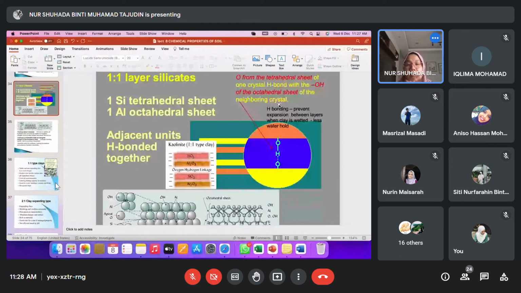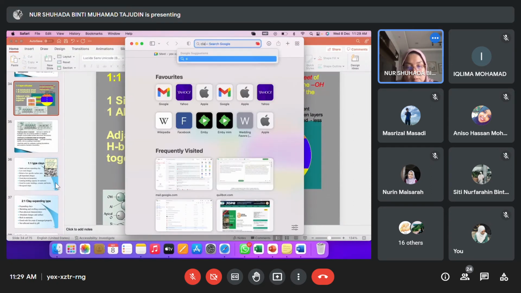Meaning that with tight bonding, the water cannot go through between the layers, and not only that, there is no cation exchange capacity, meaning the nutrients cannot be exchanged in this type of clay. Please remember that this is the characteristic of kaolinite. That's why, if you see clays made into a water container, it is made from clay. Wait, I show you.